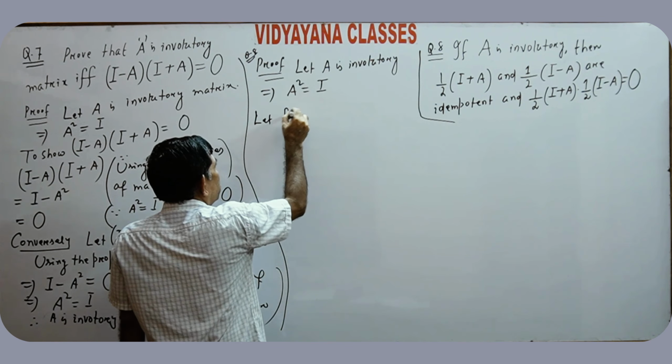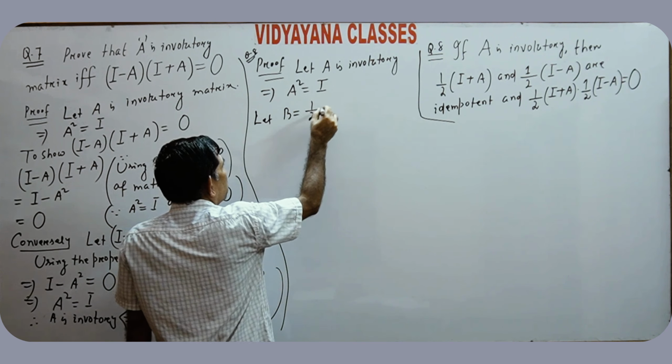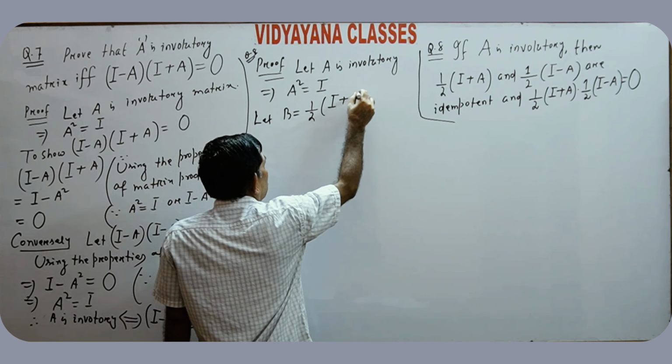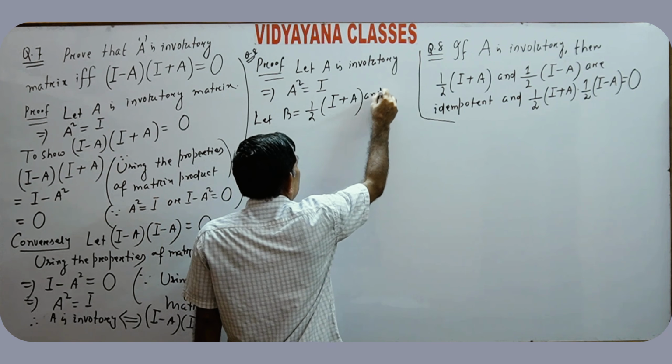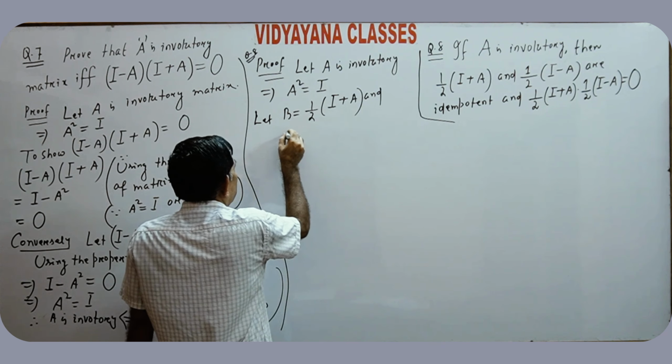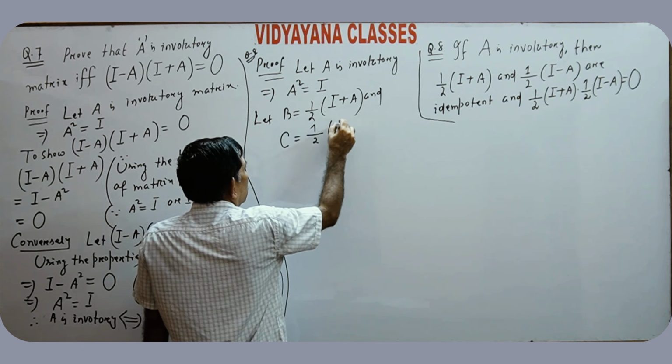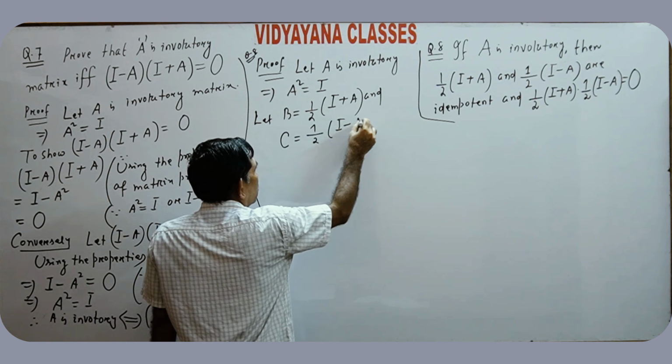Let capital B be equal to half of (I plus A) and capital C be equal to half of (I minus A).